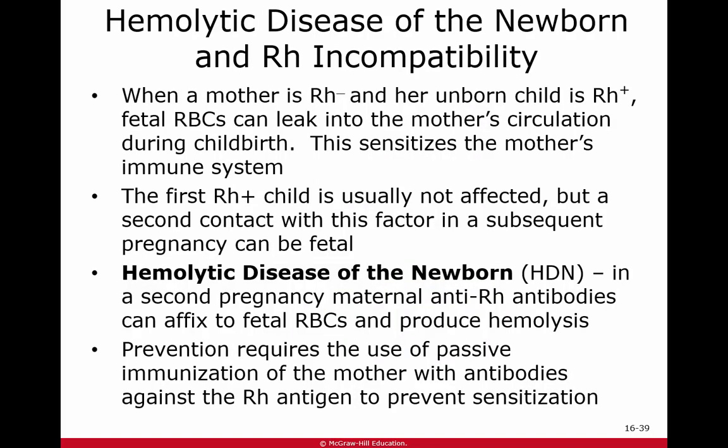Now, the hemolytic disease of the newborn is because of the Rh antigen. And people that are Rh positive have the antigen. People that are negative do not have it. So if you've got a mother that's Rh negative and the father is positive and the baby turns out to be positive, those fetal blood cells can leak into the mother's circulation during childbirth.